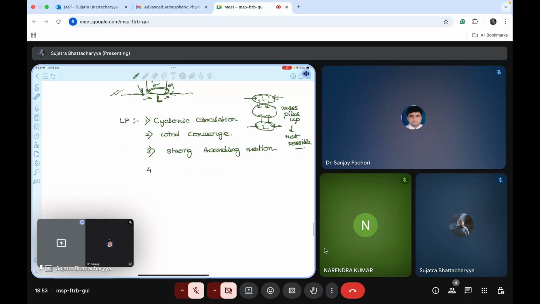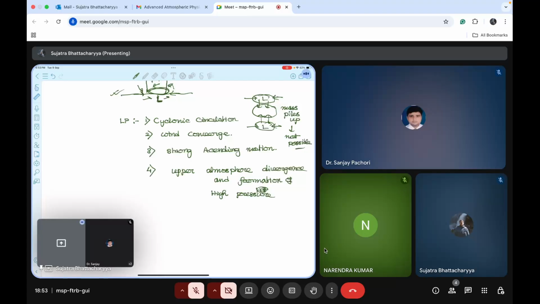Number four, upper atmosphere divergence and formation of high pressure in the upper atmosphere. Remember, high pressure is there, then only there is a divergence.